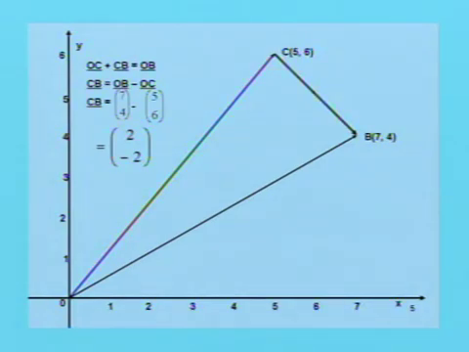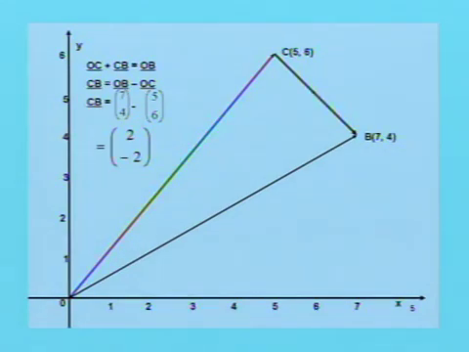Starting at C, the arrow is at B. Now we know that vector OC plus vector CB is equal to vector OB, following the triangle principle. So vector CB is equal to vector OB minus vector OC, that is transposing OC to the right, which will give us vector CB.